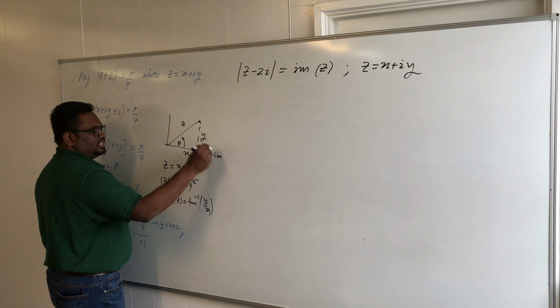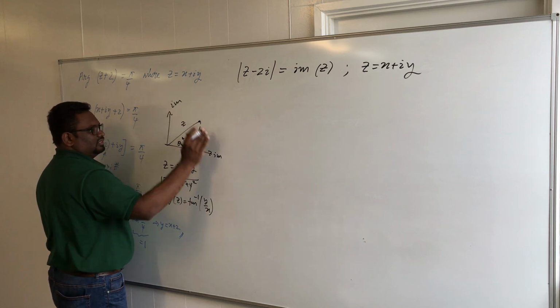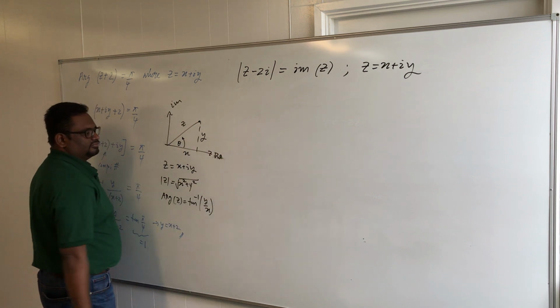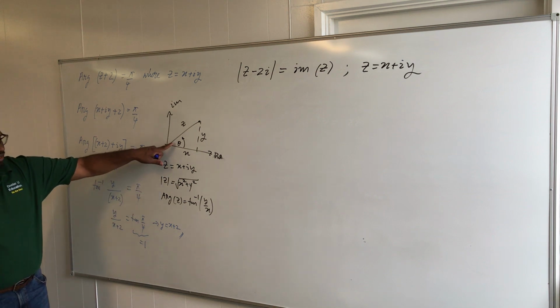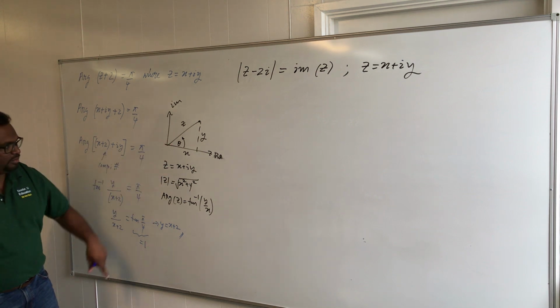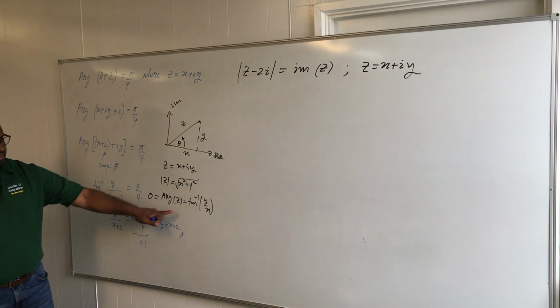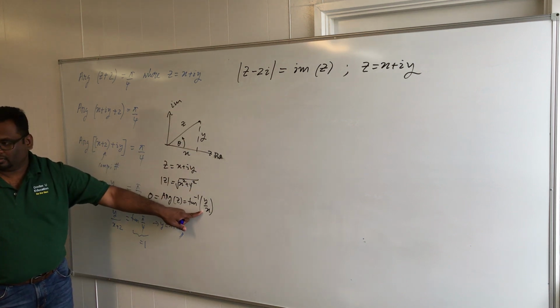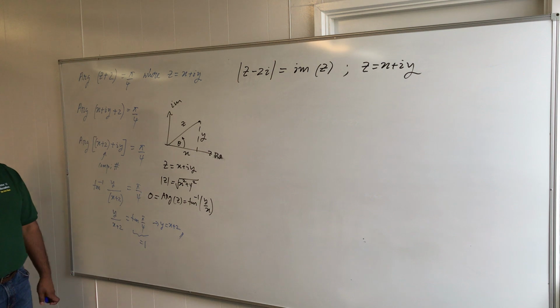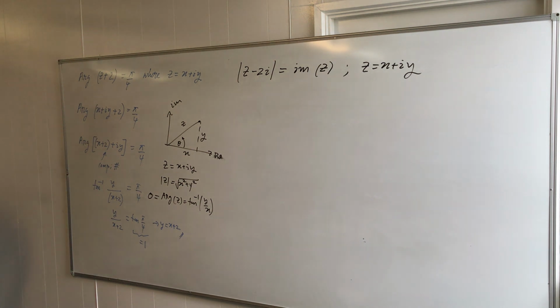This is imaginary, this is real. So the argument of z means they are talking about the theta, that is tan inverse of y divided by x. Knowing that, you do this. Are you all good? Understand?